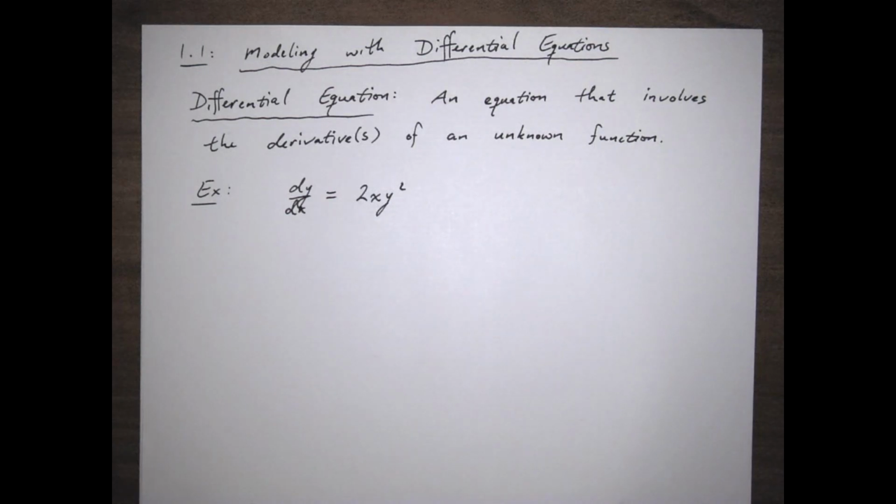So notice here we have on the left side the derivative taken with respect to x, and on the right side we have an expression that involves both x and y. So you may think that if you want to undo the derivative here and find the original function, maybe I just integrate it. But you'd have to integrate with respect to x, and on the right side, it's easier said than done.